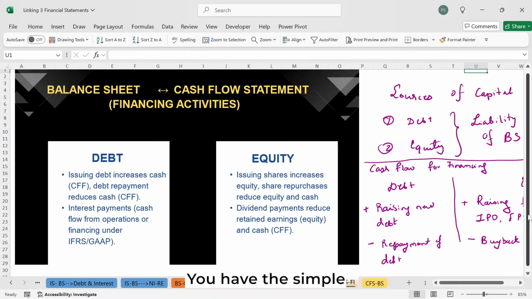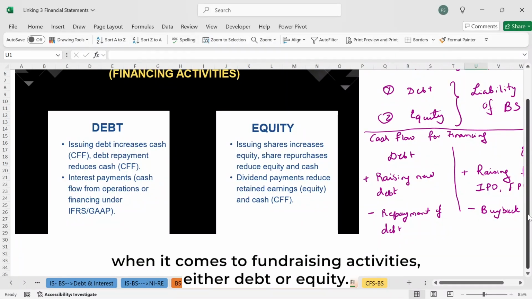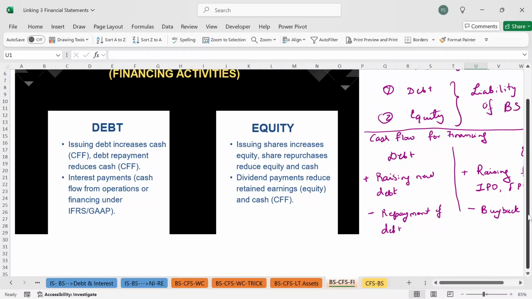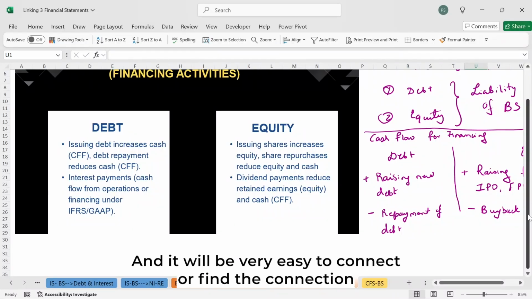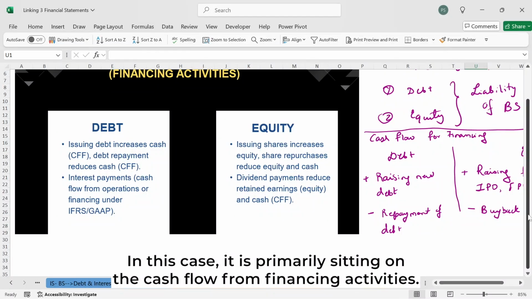The simple idea is to trace the movement of the cash when it comes to fundraising activities, either via debt or equity, and it will be very easy to find the connection between the balance sheet and the cash flow statement. In this case, it is primarily sitting in the cash flow from financing activities.